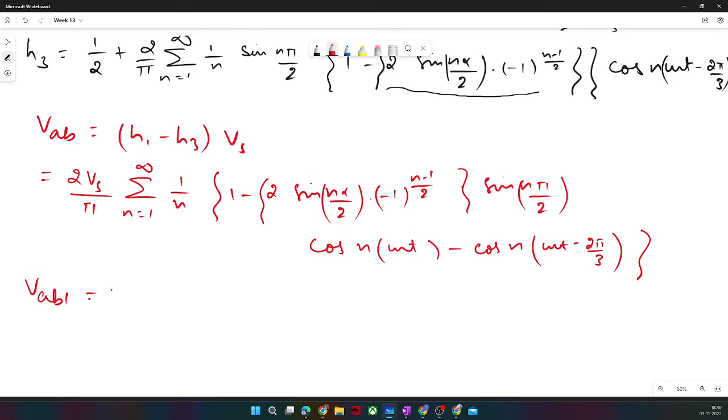VAB1, and you will get 2 Vs by pi, 1 minus 2 sine alpha by 2, and minus 1 raised to power 0, that would lead to 1. So the sign would be still positive, and sine n pi by 2 is 1 again.